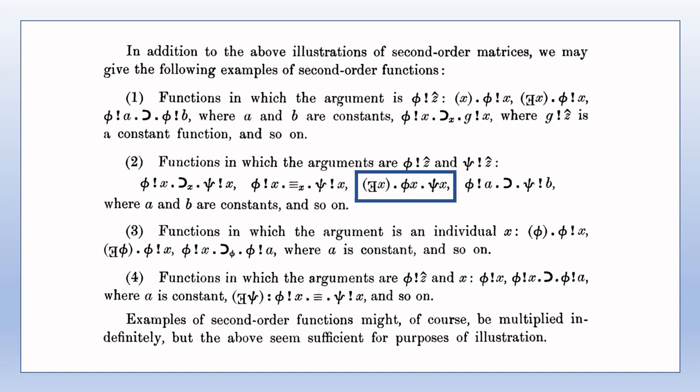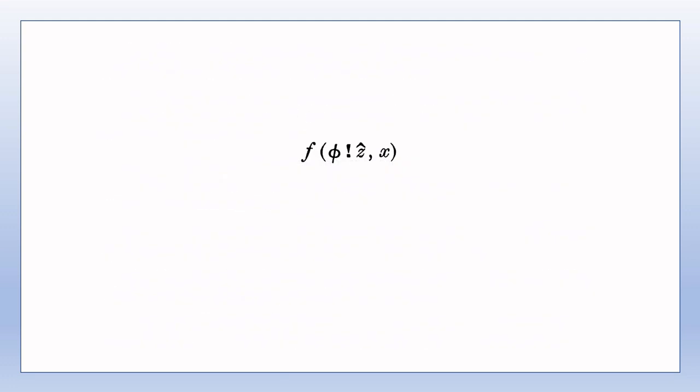Earlier in the video, we were not in a position to determine whether all functions of a single variable ranging over the totality of individuals are first-order functions. We can see now that this need not be the case, and we can now see why. Suppose we have the second-order function f phi exclamation mark blank x, where x ranges over the totality of individuals and phi exclamation mark blank ranges over some suitable type of first-order function.